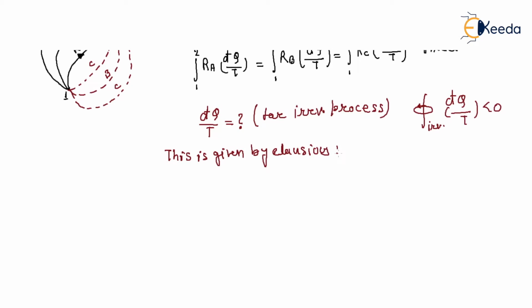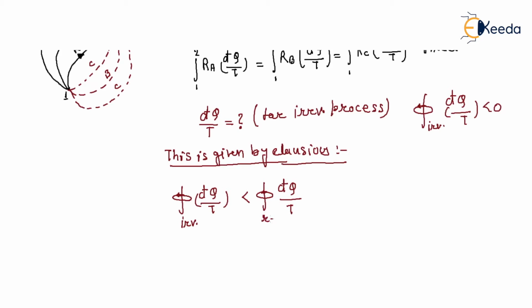This answer is given by Clausius. So we can write that the cyclic integration of dq by T for an irreversible process is always less than the cyclic integration of dq by T for a reversible process. This is your Clausius inequality.